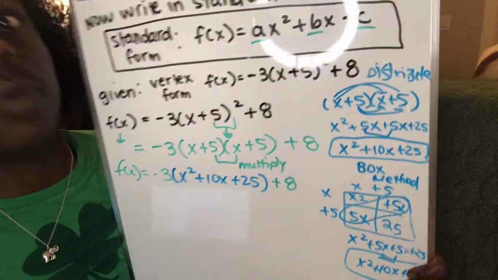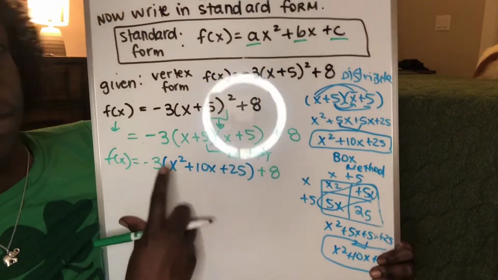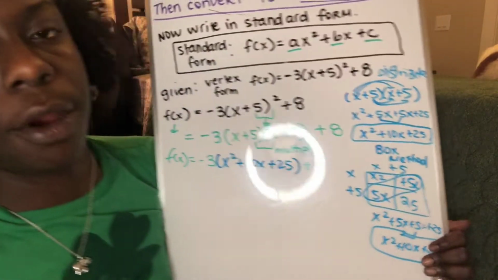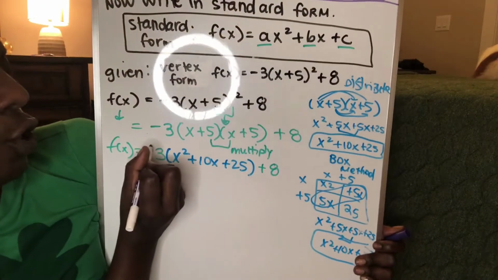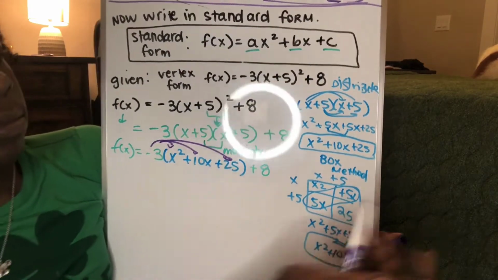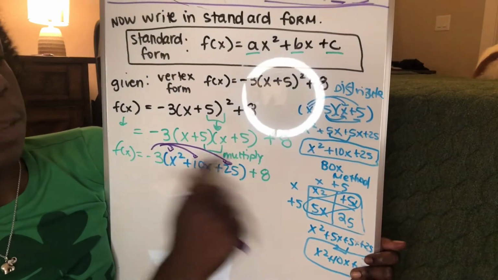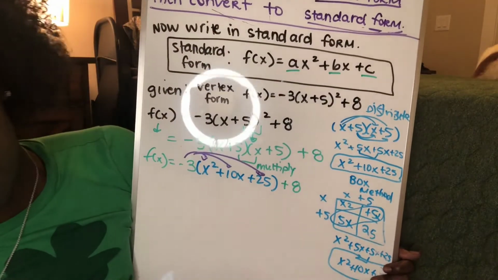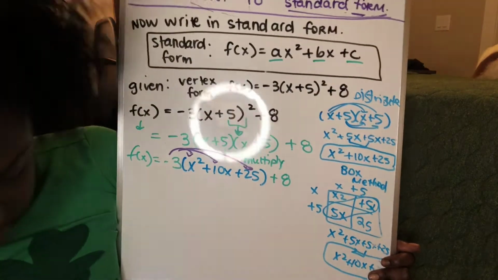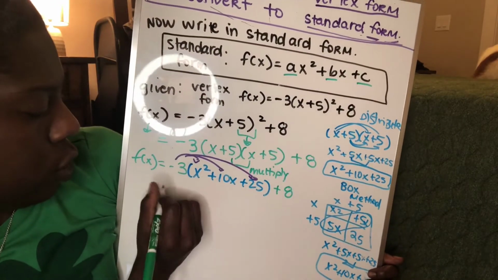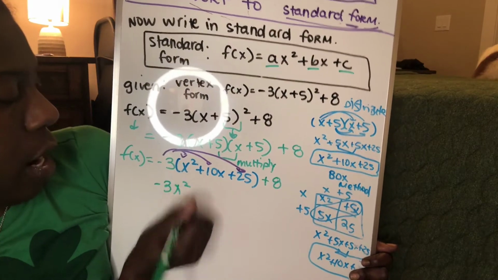But we know what to do when we see a number in front of the parentheses. We use the distributive property. So I'm going to distribute negative 3 to every term in the parentheses. Distributing means to multiply. I'm going to use my calculator to multiply these numbers. I have negative 3 times x squared, so that's going to turn into negative 3x squared.